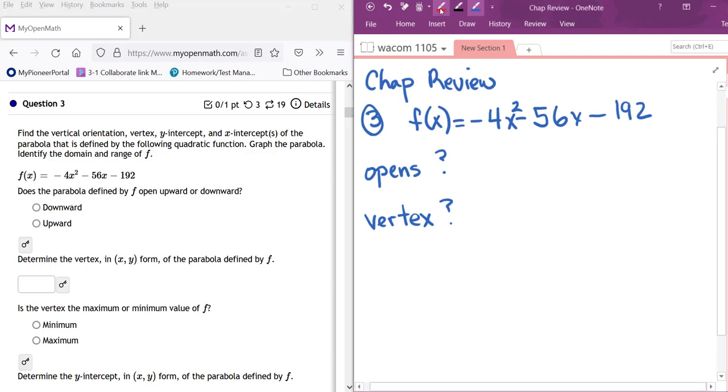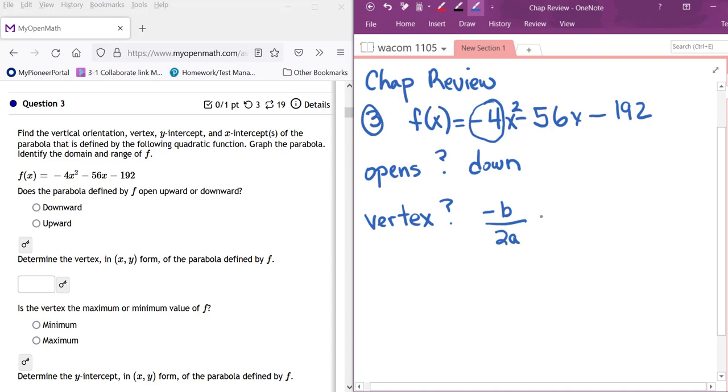And this is determined by your coefficient, the sign of the coefficient actually. It is negative, so it's going to open down. When you are in this form, your vertex is negative b over 2a, and then you plug that back in to your function.